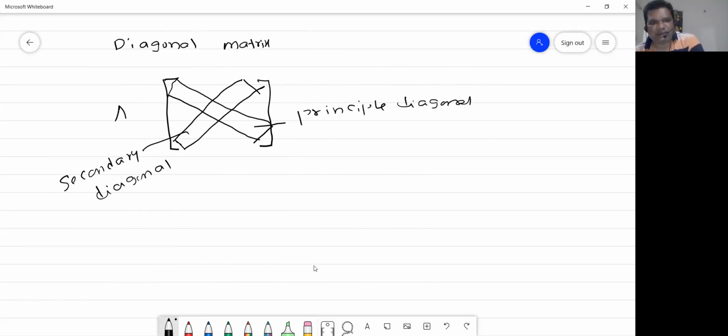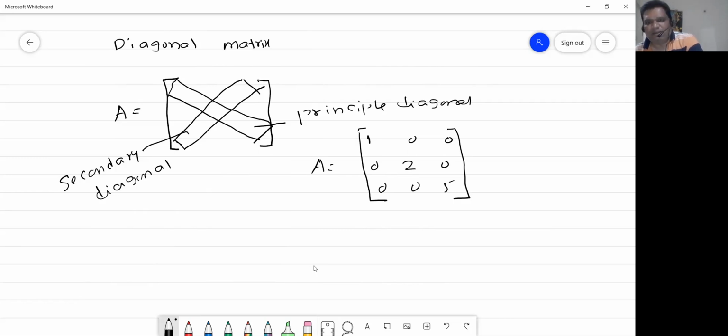I'm representing a matrix like A. So I will write the same matrix here. It is a matrix in which the elements are 1, 0, 0, 0, 2, 0, 0, 0, 5. It is a diagonal matrix. Except the elements of the principal diagonal, all other elements are equal to 0.